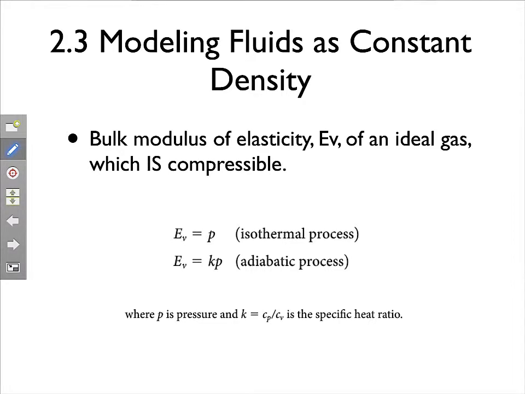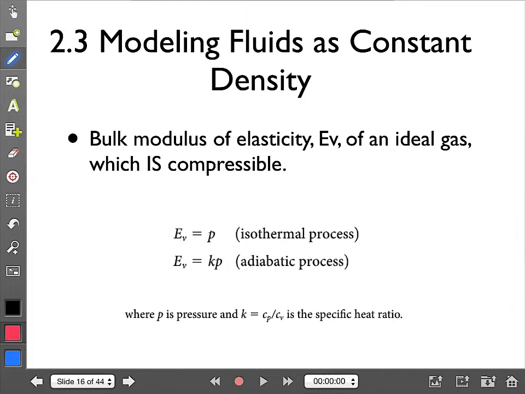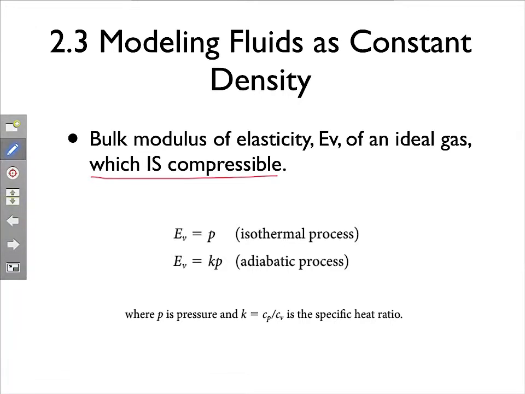Now, this is not true for gases. Gases are compressible. So whenever you're dealing with a problem using gas, you're going to have to deal with this. So for an ideal gas, we have a couple of different situations, and in some cases we'll have to deal with this. It turns out that the bulk modulus of elasticity for isothermal processes can be shown to be proportional to pressure.